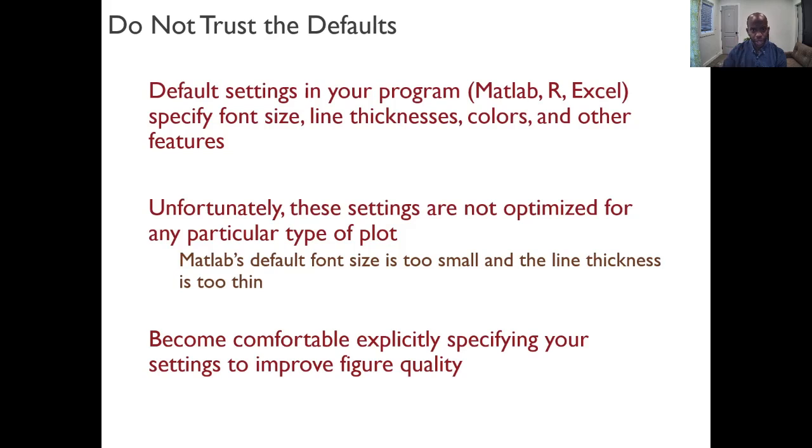And so what you want to gain some comfort doing, and I'll point to some resources in our GitHub to highlight how you can do this in MATLAB, is to be really comfortable explicitly specifying the settings of your figures so that you can improve their quality. And we're going to do this via code.